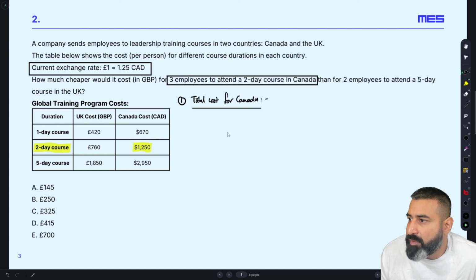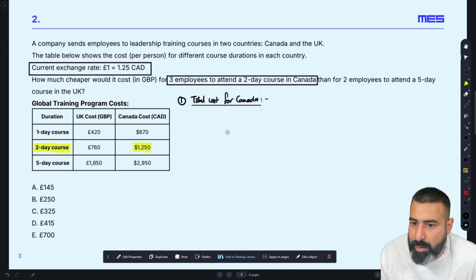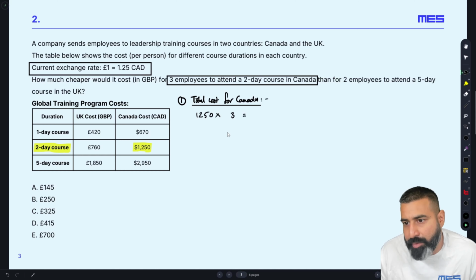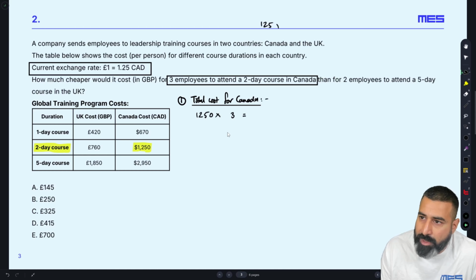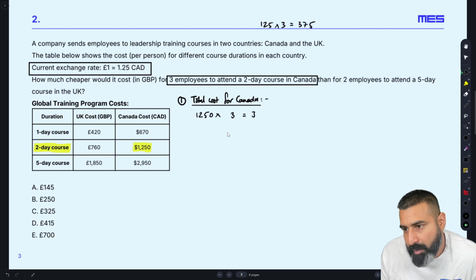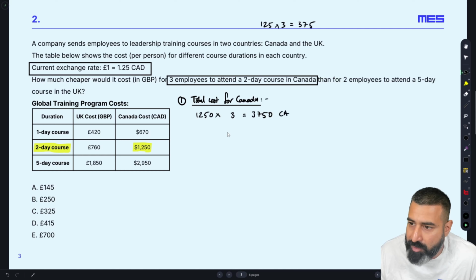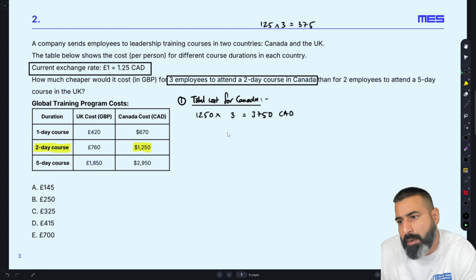So the total cost for Canada is going to be 1250 times by 3. Now I can do this one quite easily. So 125 times 3 is equal to 375, and just add the 0 on. So that's the total cost in Canadian dollars.